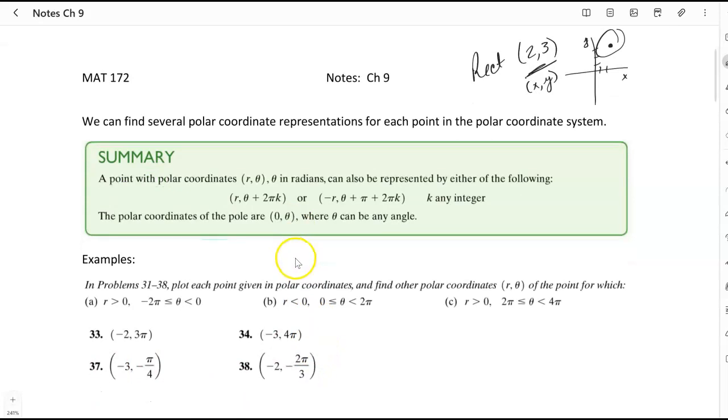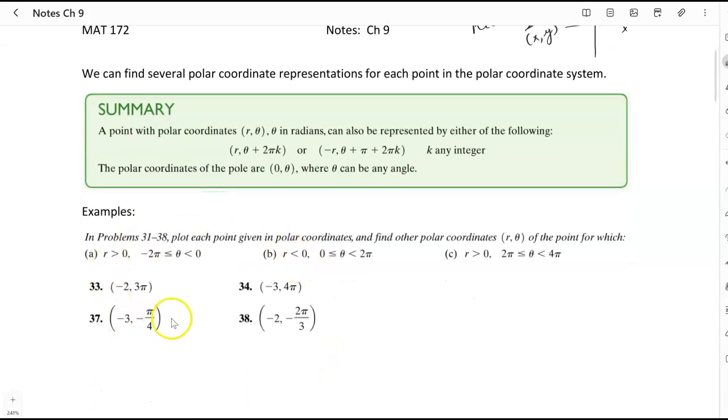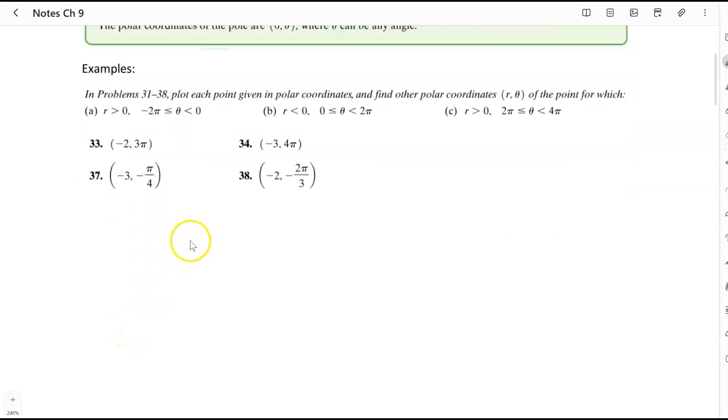So let's look at an example where we can take a point and write it in 3 different formats. I'm going to do (-3, -pi/4). It's going to help if we draw a picture of where this point lives. I'm not going to pull out the graph paper for this one. I'm just going to draw a rough sketch of the point right here.